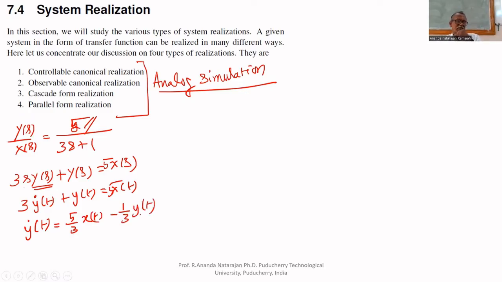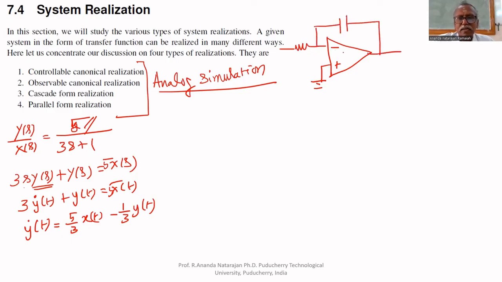We can simulate this. How to simulate? You know the integrator. If you connect a resistor at the input and a capacitor in the feedback, it is an integrator. If you give any voltage here, it will be integrated and available at the output, but inverted.